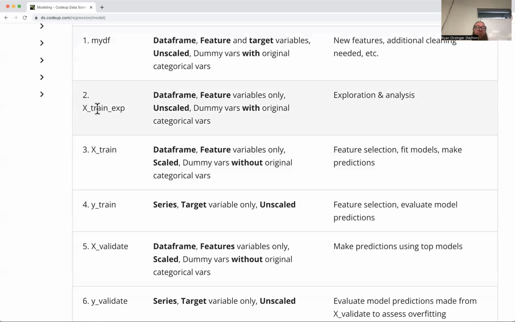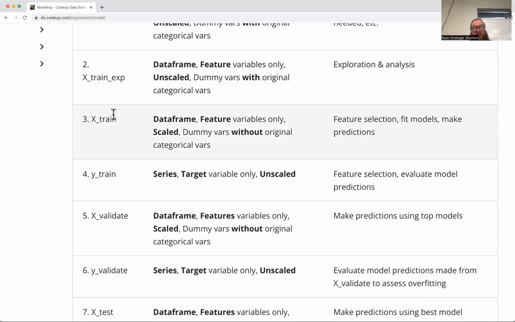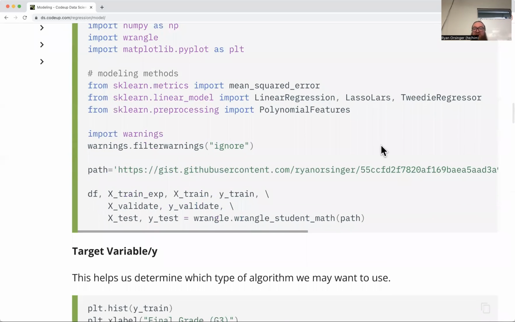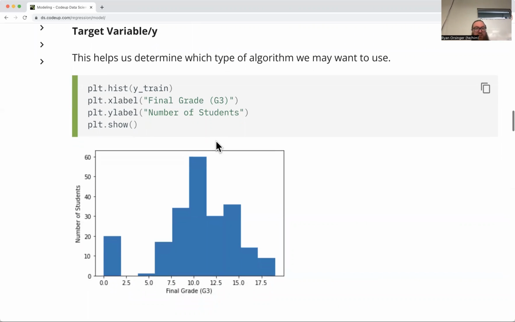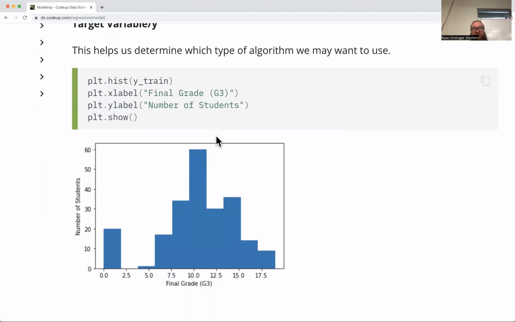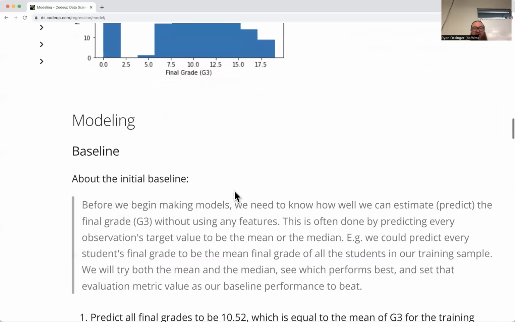And then once we split, we'll have train, validate, and test, and then further separating our X and our y. We'll need to do that. For this data, we're pulling in some of the student grades that we saw before. Okay, this final grade is normal-ish. It's not like perfect textbook definition.